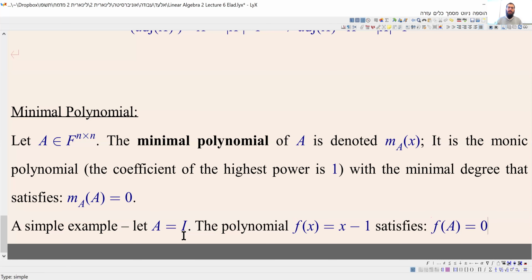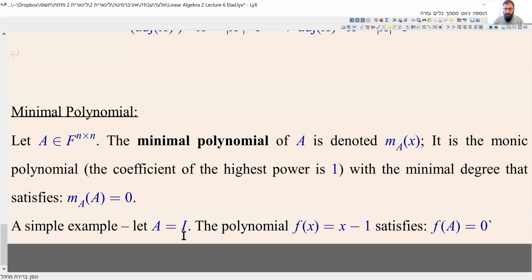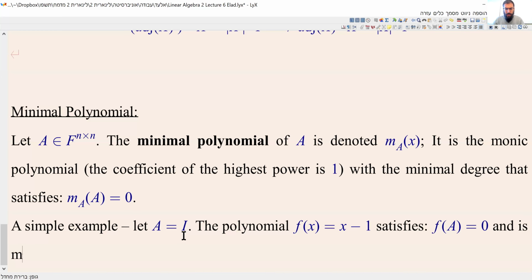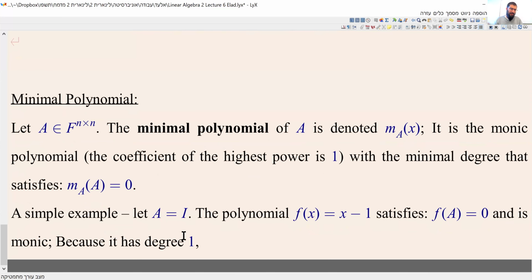It's I minus I. And it is monic, because it has degree 1, it's also the minimal degree.